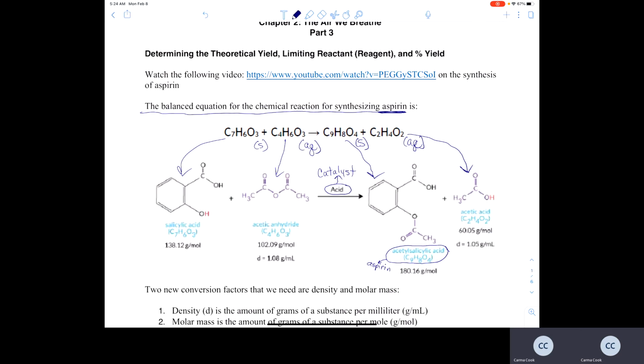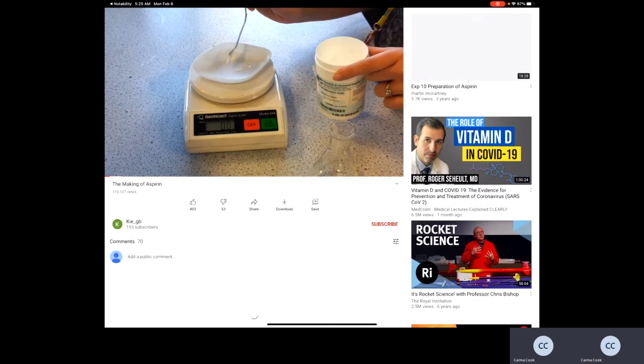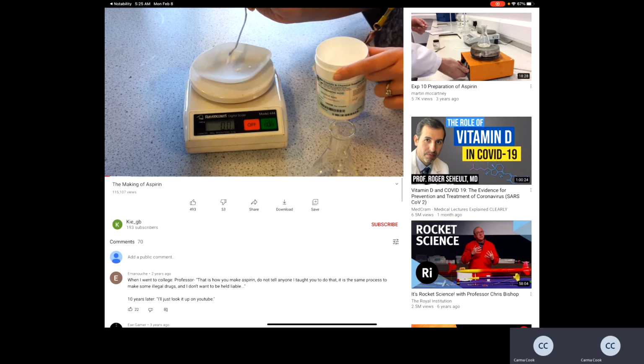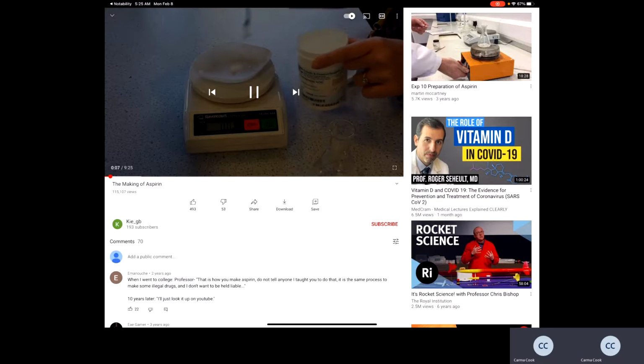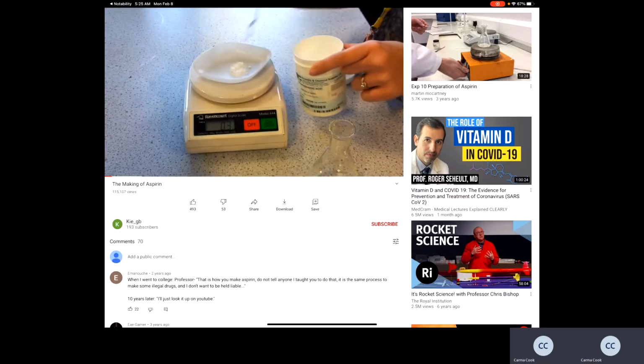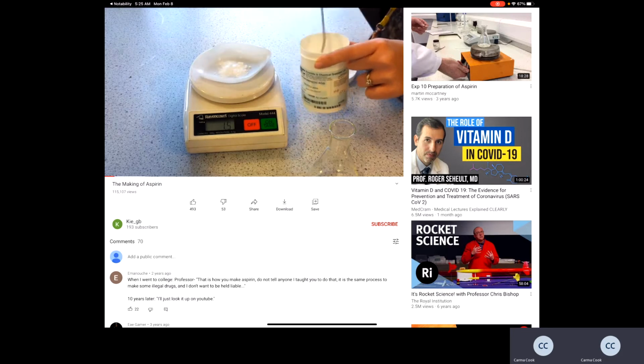And so if you want to watch a little video on the synthesis of aspirin, you can click on that link in your notes, and then you can watch the little short 9-minute video that demonstrates the synthesis of aspirin.